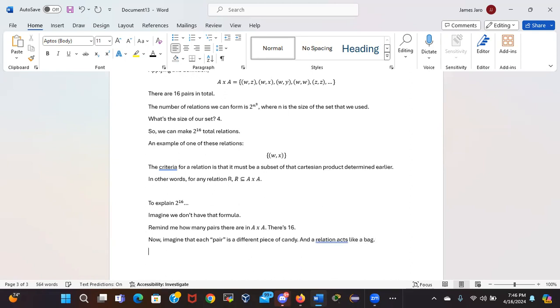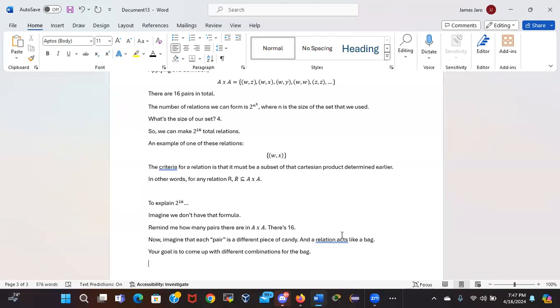Your goal is to come up with different combinations for the bag. So in this analogy, you're basically going trick-or-treating and you're putting different pieces of candy in your bag. And I just want to know how many different combinations we can make for the bag. Does that make sense so far?